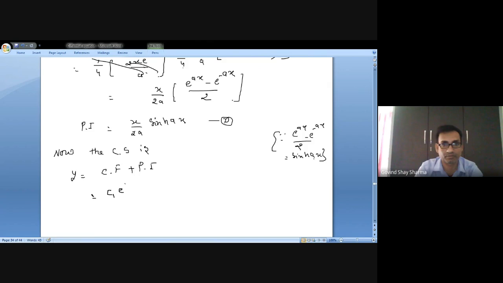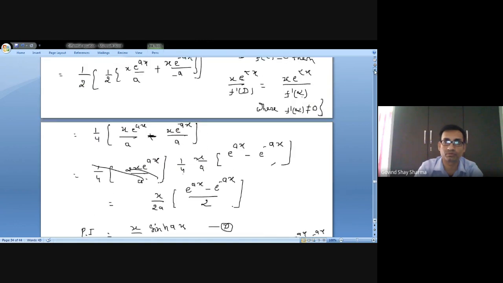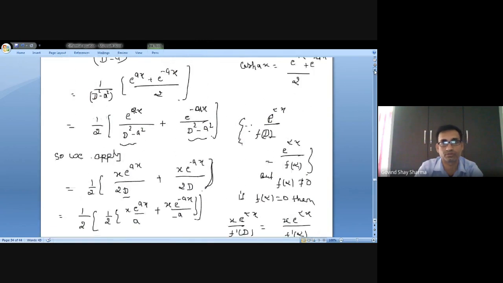So y is equal to c1 e to the power ax plus c2 e to the power minus ax plus x upon 2a sinh ax. This is the complete solution. Students, I told you that this is a very important question, because this is more confusing.